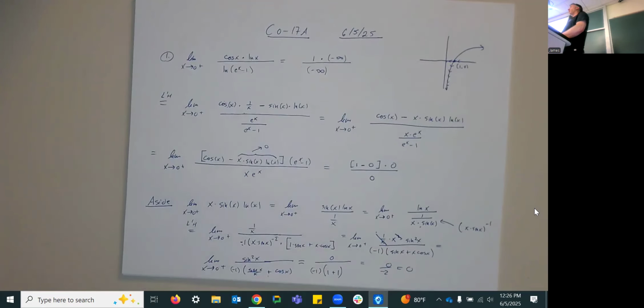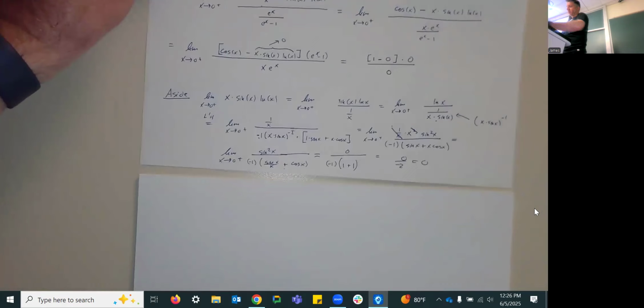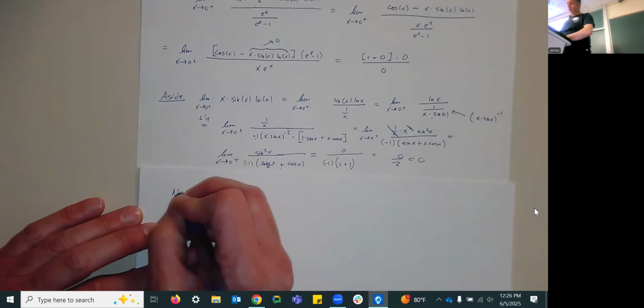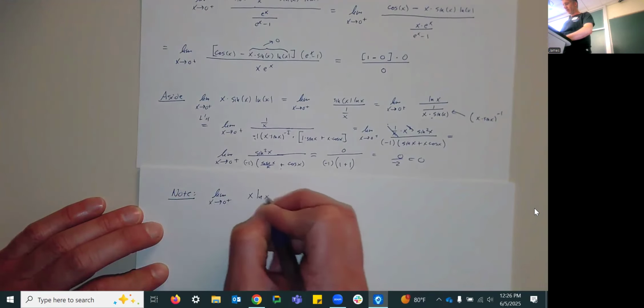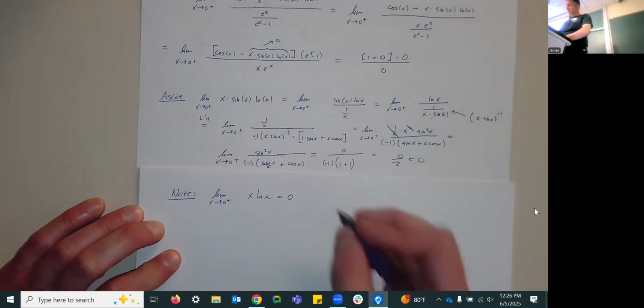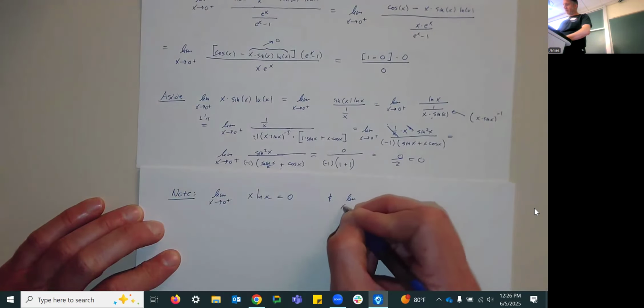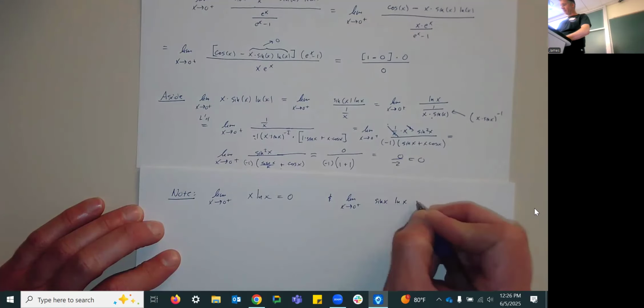Now, here's what I want to point out, though. I'm going to say two other things, which are also true, and I'm not going to show them. You all can show them on your own if you want to. Note as well, the limit as x approaches 0 of x times natural log of x is also 0. And the limit as x approaches 0 from the right of sine of x times natural log of x is also 0.